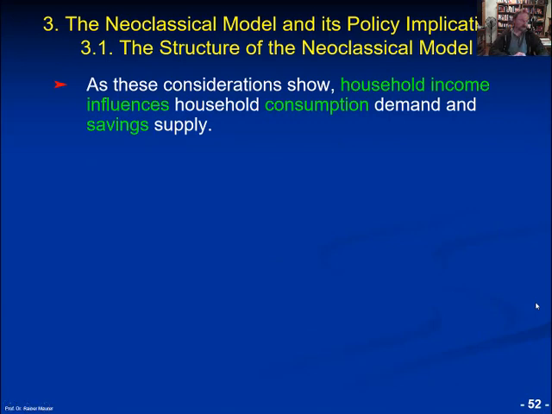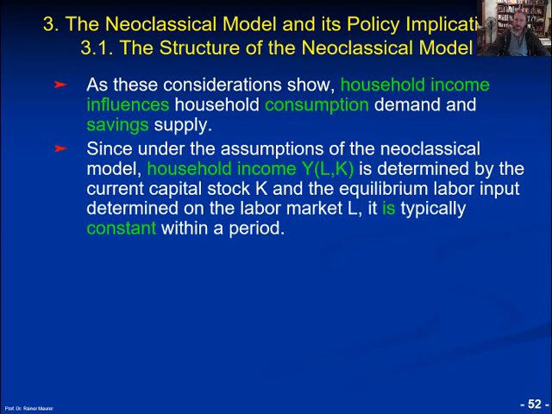As these considerations show, household income influences household consumption demand and savings supply. Since under the assumptions of the neoclassical model, household income is determined by the current capital stock and the equilibrium labor input, which is determined on the labor market, it is typically constant within a period.